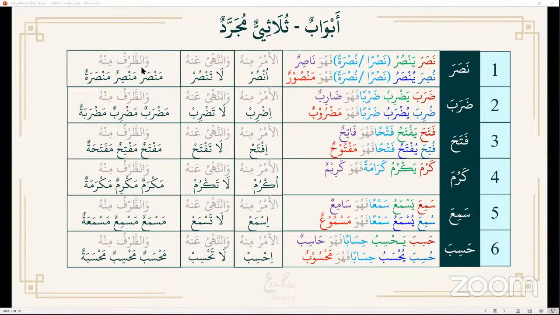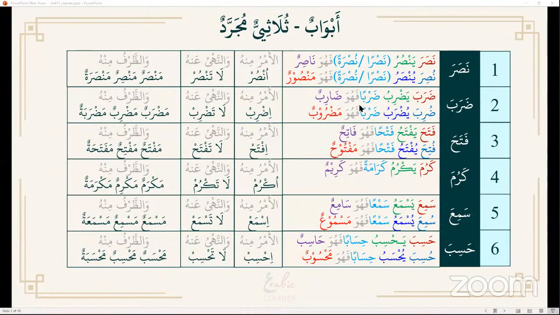These are the three forms of zarf that mostly come in the abwab of Thulathi Mujarrad, on these awzan: mansarun, mansirun or mansaratun. That's why for all six abwab I am including all three types, so that you will remember.